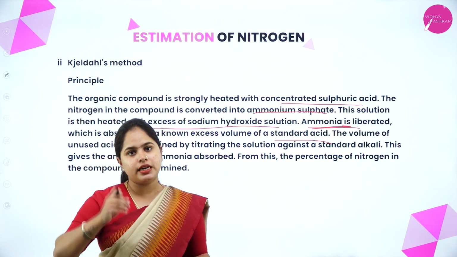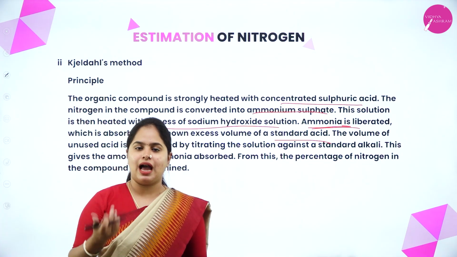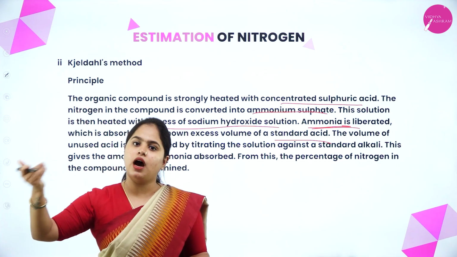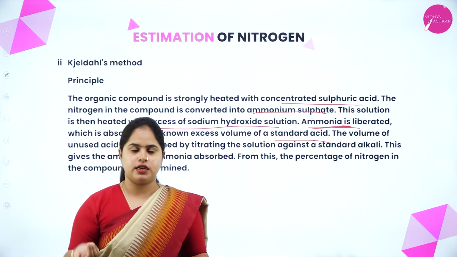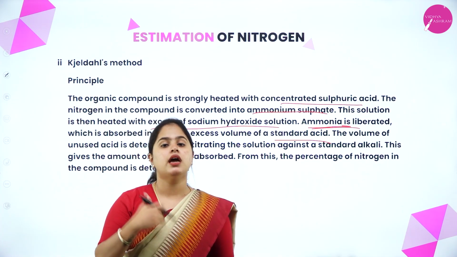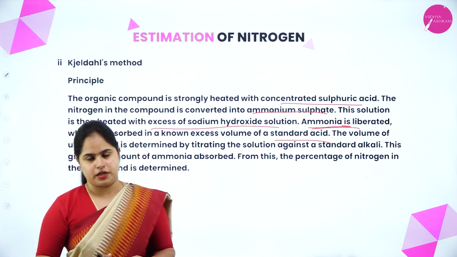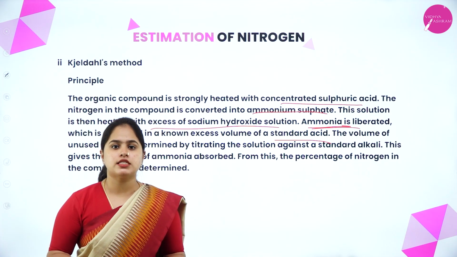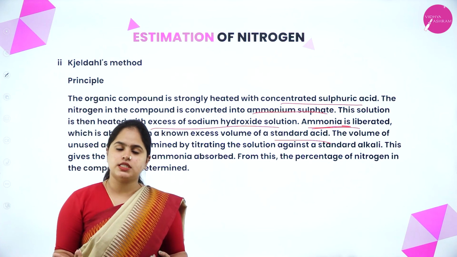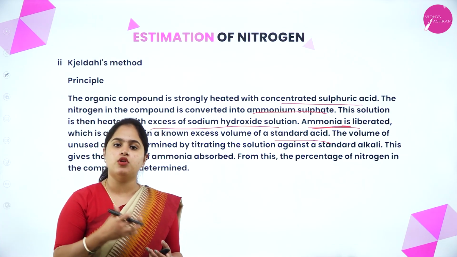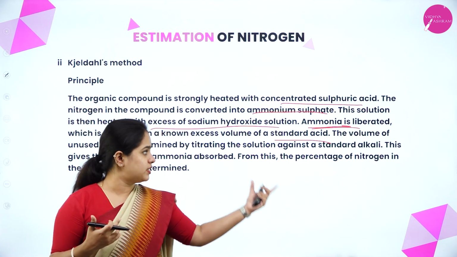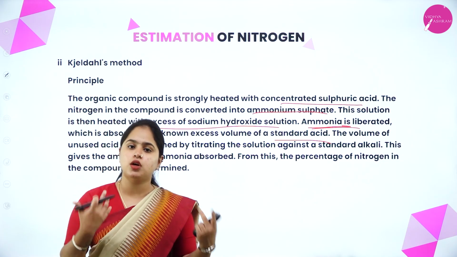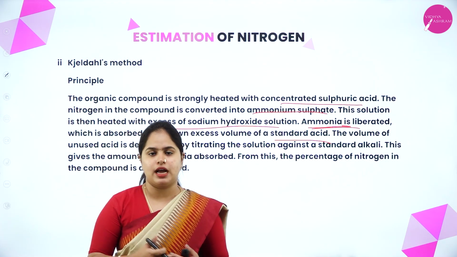So, if we titrate this particular acid with an alkali, we can get exactly the amount of ammonia which is liberated, and from that we can calculate the amount of nitrogen which is also present. So, what you have to understand is the amount of ammonia which is liberated is equal to the amount of H2SO4, whichever standard acid we have taken, it is equal to the consumption of that acid as well.